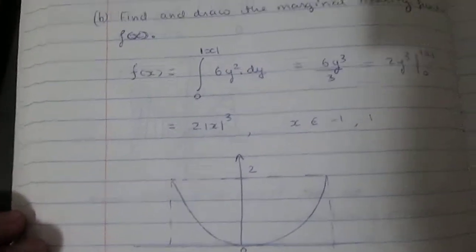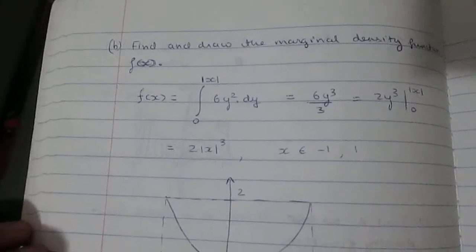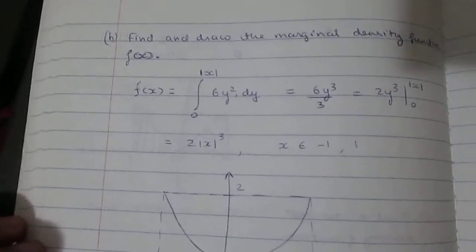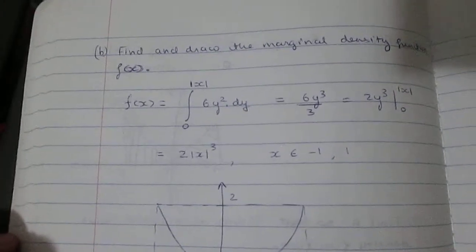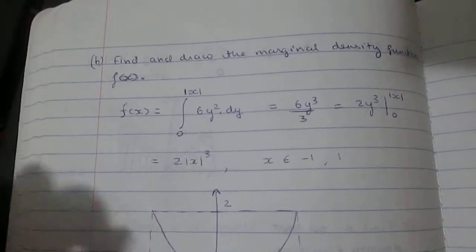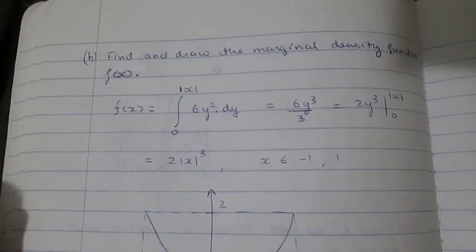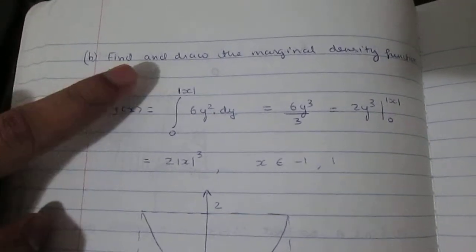Now the second question asks us to find and draw the marginal density function f(x). Now we know that the marginal density function for any random variable can be found by integrating it over the given condition. In this case, y goes from 0 to |x|.